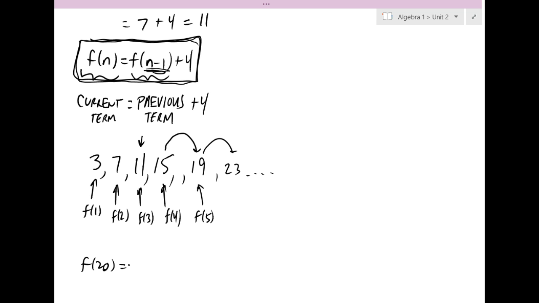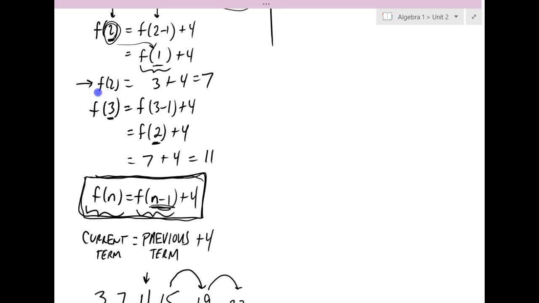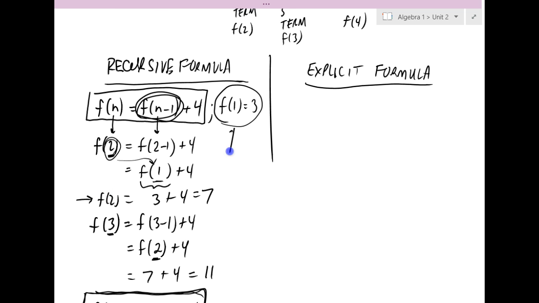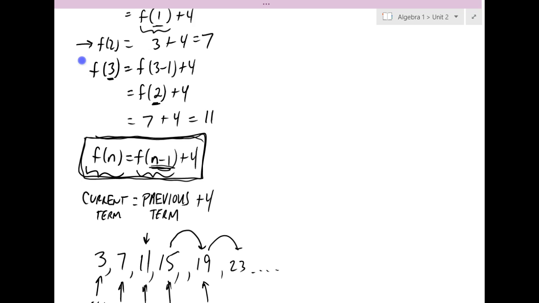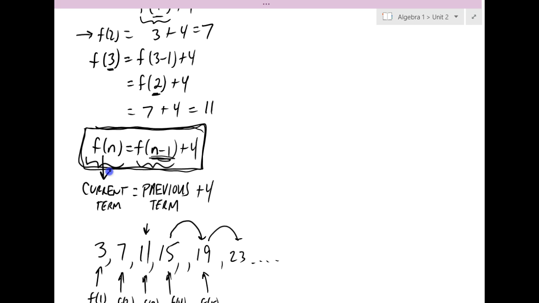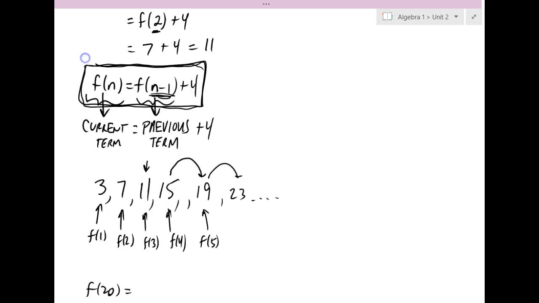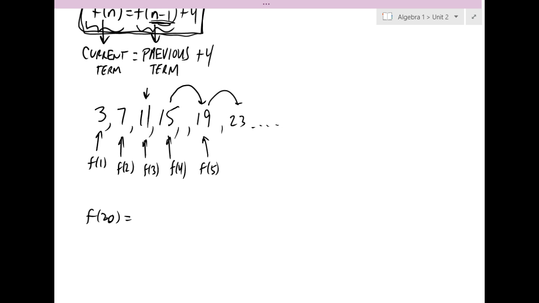So you have to have a starting point. So that's why you had to be given this as a starting point, and then we just kept adding 4, adding 4, adding 4, because remember when we wrote this in words, it said the current term is the previous term plus 4. Okay? So I can't get to the 20th term without finding all the terms that come before it.